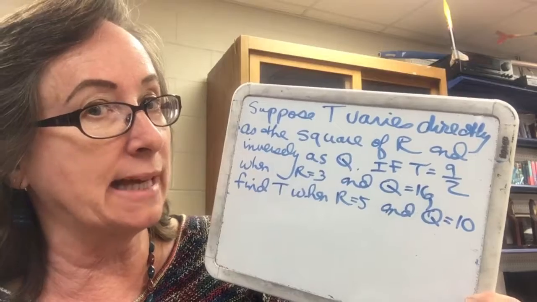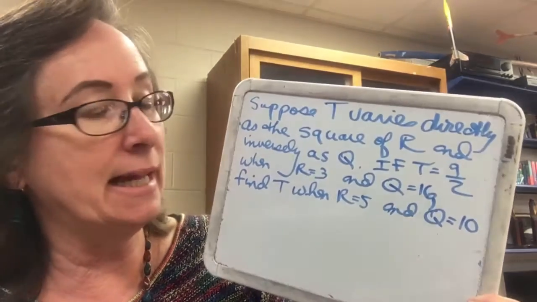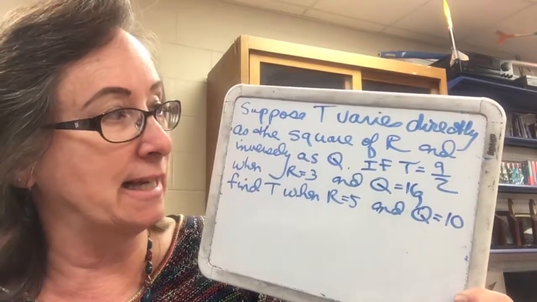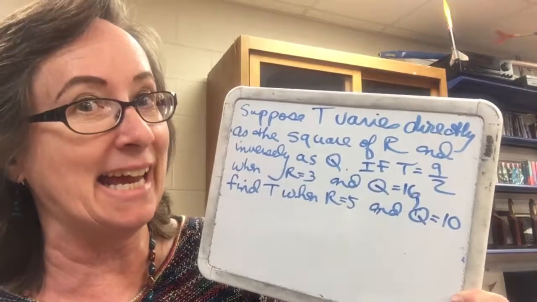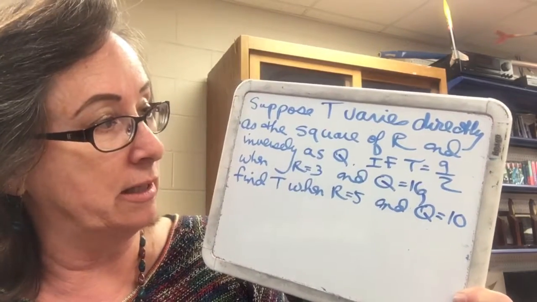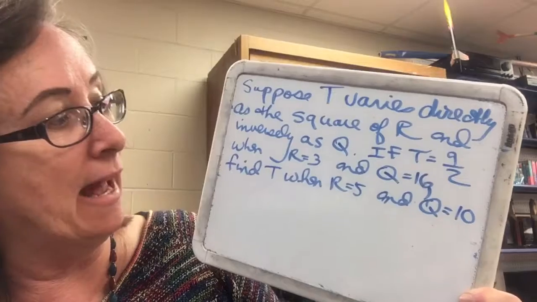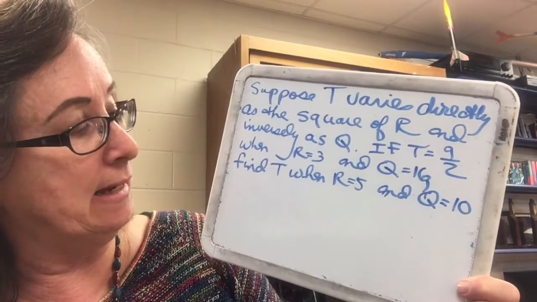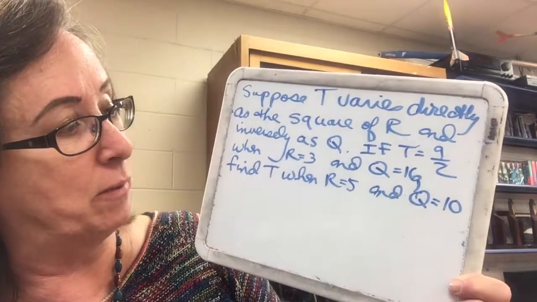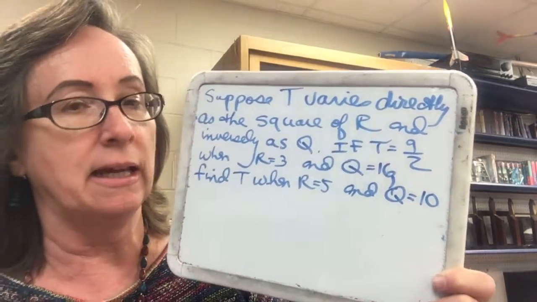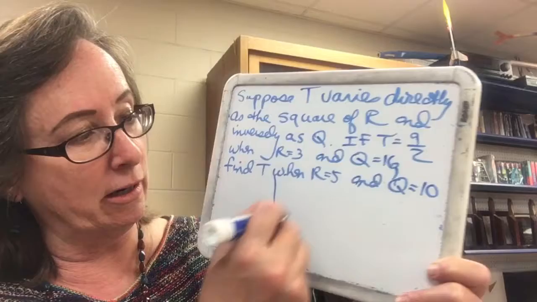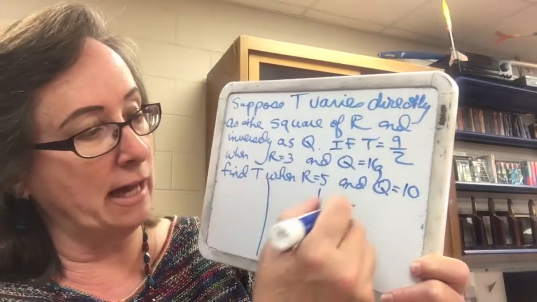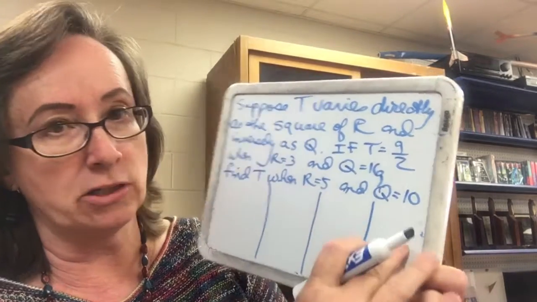So this problem is a combined variation because it is involving direct and inverse variation. If t is 9/2 when r is 3 and q is 16, then find t when r is 5 and q is 10. So first we have to write our equation, find our k, rewrite our equation, and solve the question.